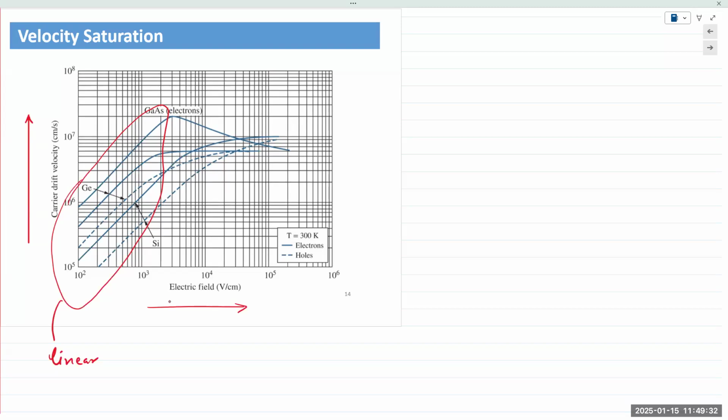Now, after a certain point, and this is of course different for different semiconductor materials, a saturation point is reached in every single semiconductor material.